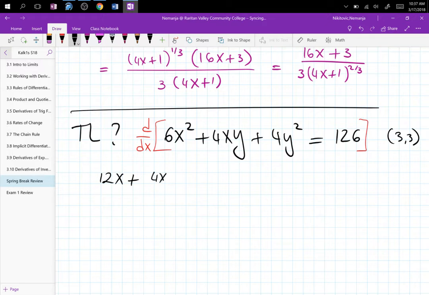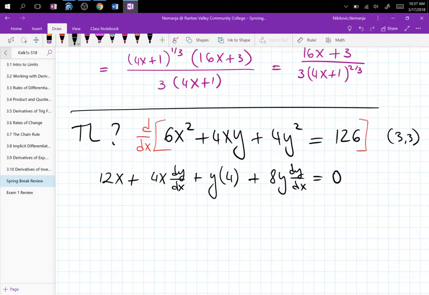Copy the first times derivative of the second plus copy the second times derivative of the first, plus the derivative over here, equal to 0. A lot of grades go south if you put 126 over there. Derivative of 126 is 0. Derivative of a constant is 0.